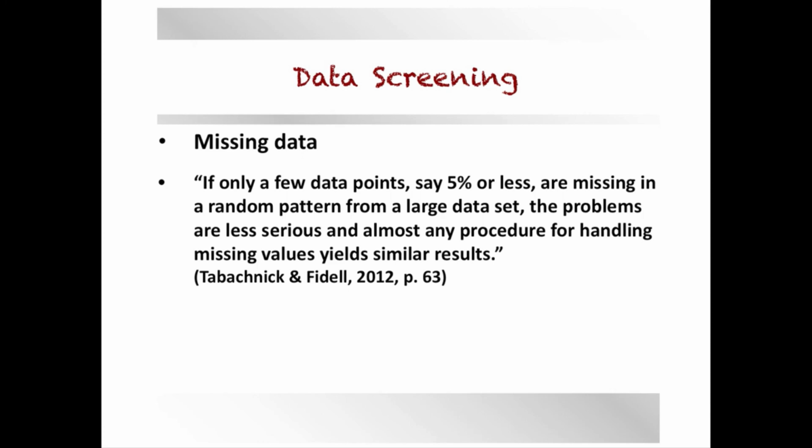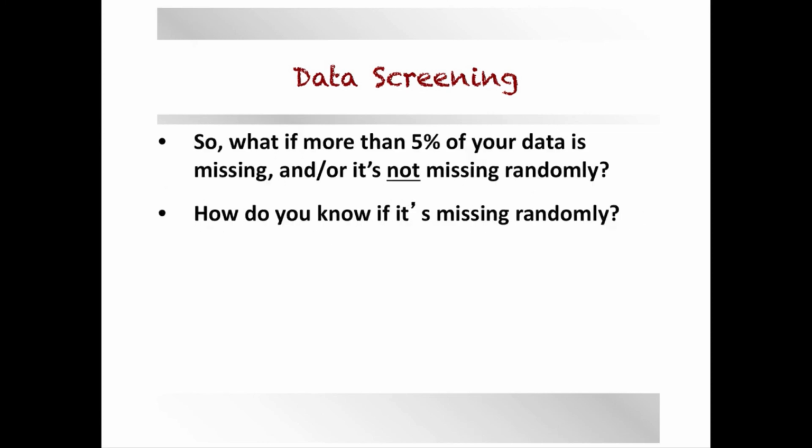Tabachnick and Fidell, who wrote the textbook, say if 5% or less of your data is missing, you pretty much are going to get the same result regardless of what you do. But you still need to look for that missing data and make a decision either way. It's just that when you have a small amount, the decision that you make is probably not going to have a huge effect on the results.